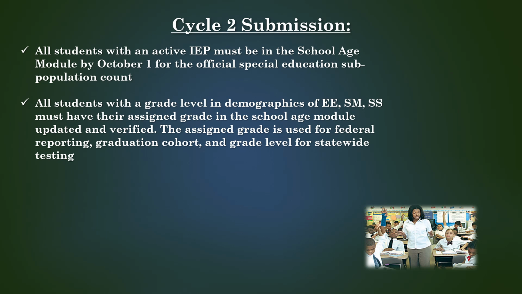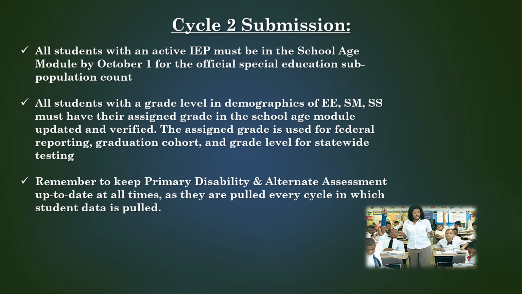The assigned grade is used for federal reporting, graduation cohort, and grade level for statewide testing. Remember to keep primary disability and alternate assessment up to date at all times as they are pulled in every cycle in which student data is pulled. And make sure that you make all private providers inactive.